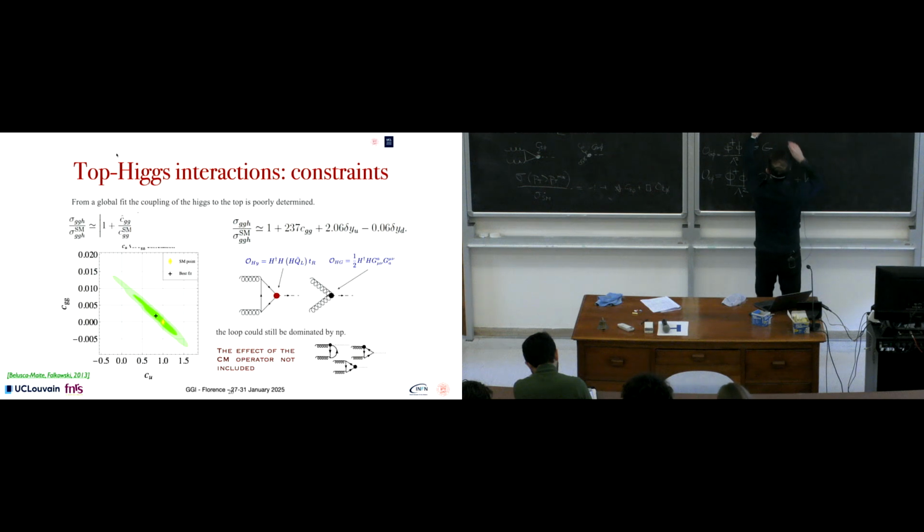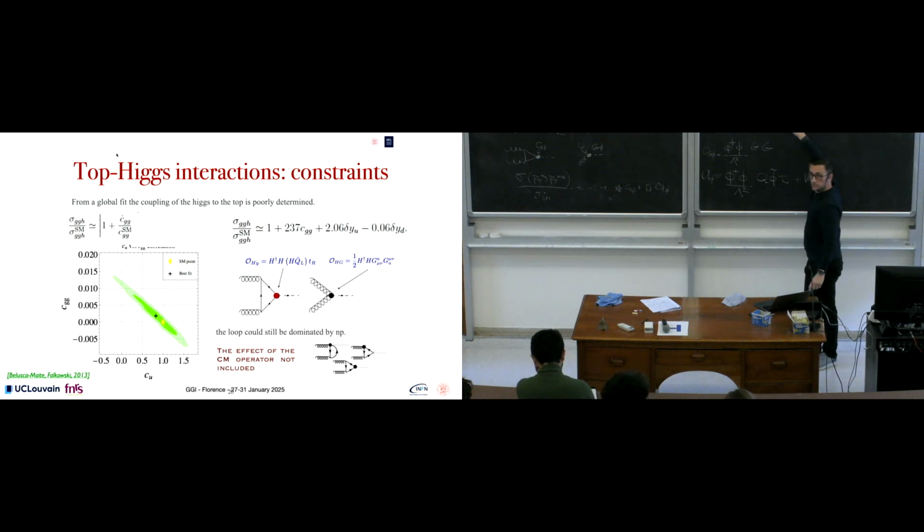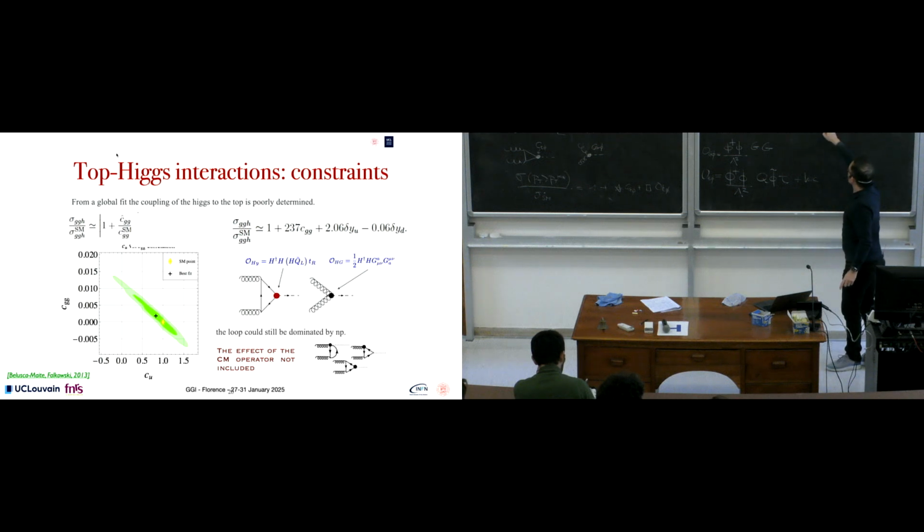This is a color matrix, so don't be confused with the top. This is a top right, this is a top left. So it's like a Yukawa from the point of view of chirality, because it couples the left with the right of the top. And also it couples to the field strength of the gluon.